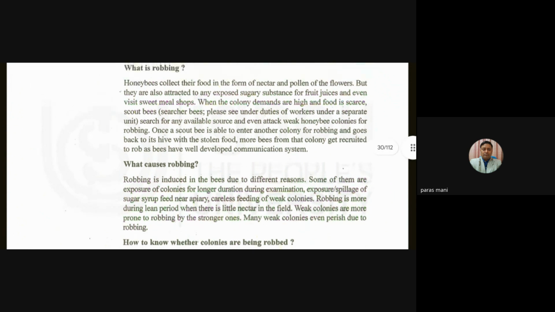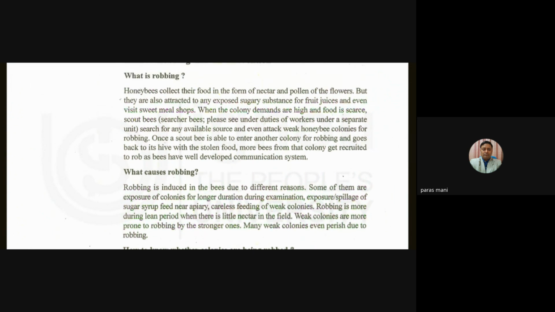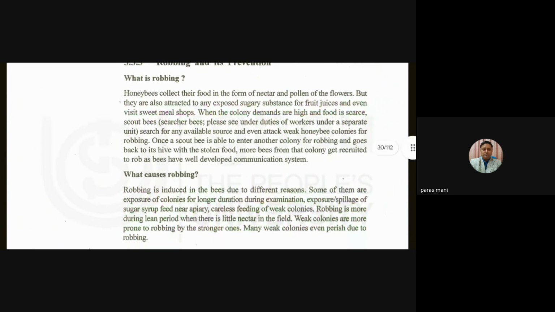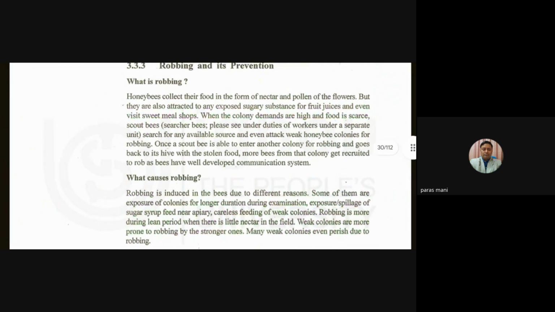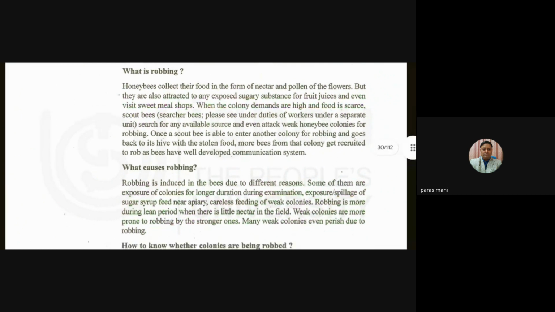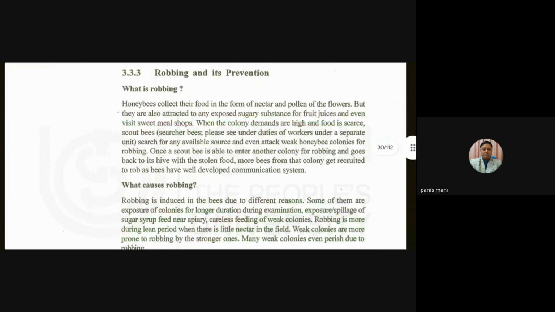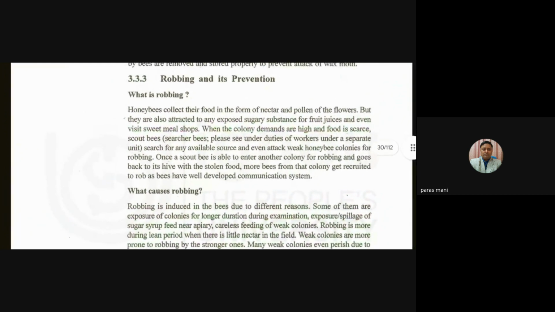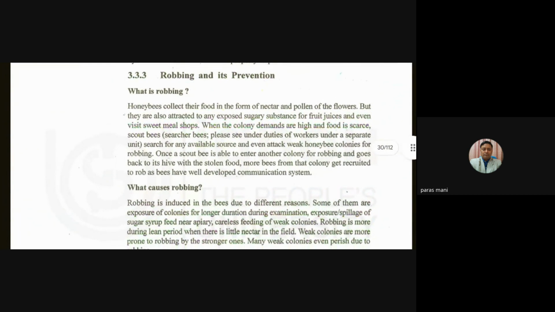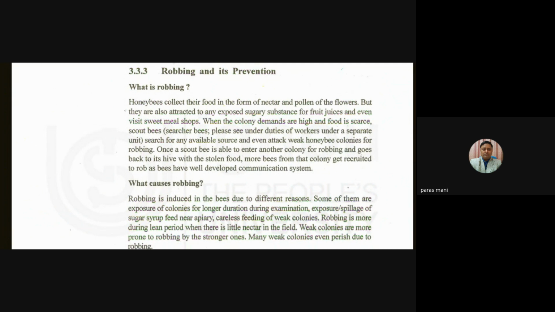Its communication system we have discussed. It communicates through waggle dance or round dance. The source of the food is communicated through these dances. The distance, direction and quantity of availability of food is communicated.